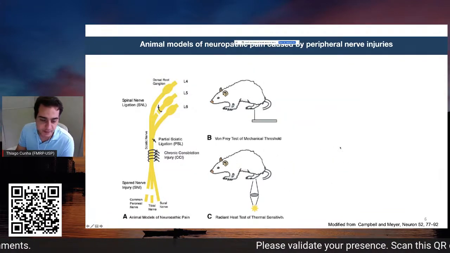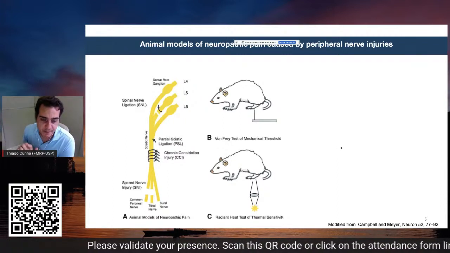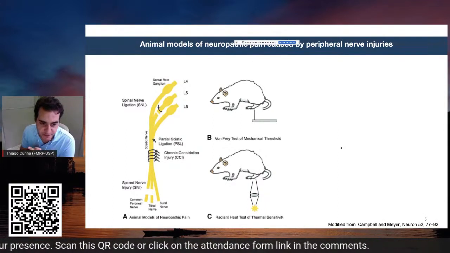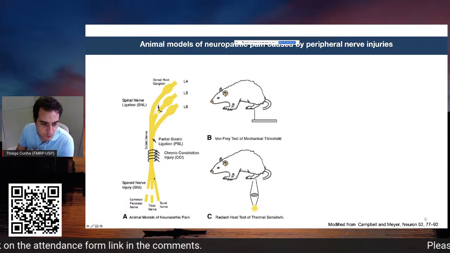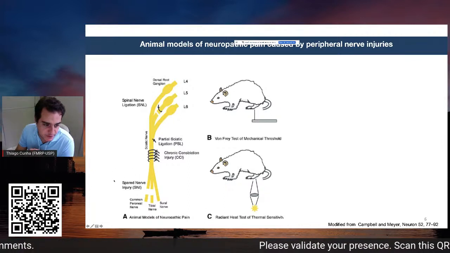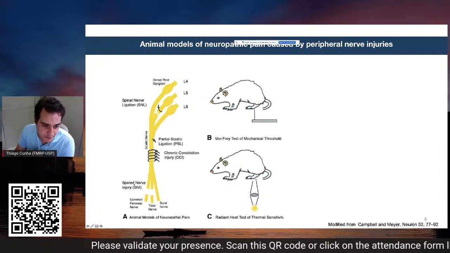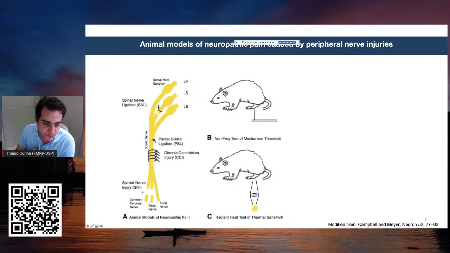My lab, of course, normally uses experimental models of neuropathic pain, and we usually use different models that are well established in the literature. The most characterized model in the literature is called spared nerve injury, which we call SNI, in which we cut the peroneal and tibial nerves, which are branches of the sciatic nerve.